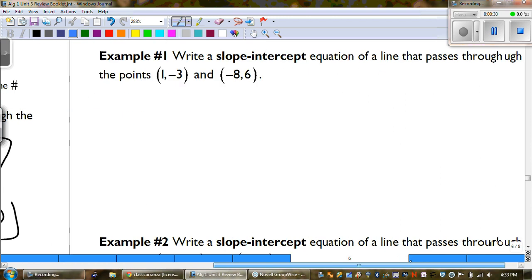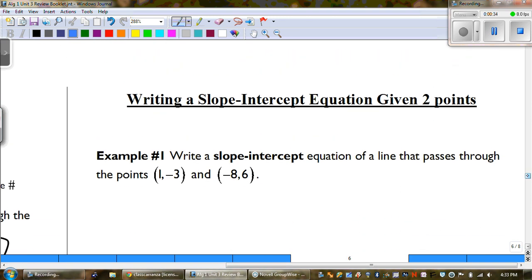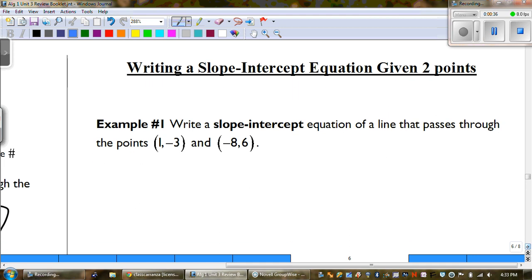Alright, so now what we got for us? Writing slope-intercept equations given 2 points. They want us to write a slope-intercept equation of a line that passes through the points 1, -3 and 8, -6.